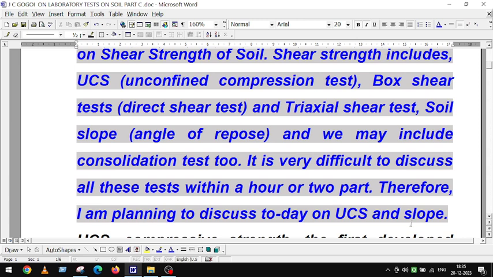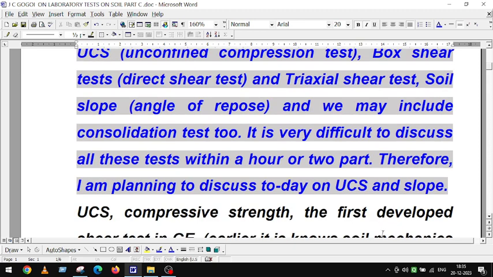Therefore, I find it very difficult, in one or two days I cannot complete the entire subject. So I prefer it will be better to make two or three parts. Today I am planning to discuss UCS and slope angle, that is angle of repose.